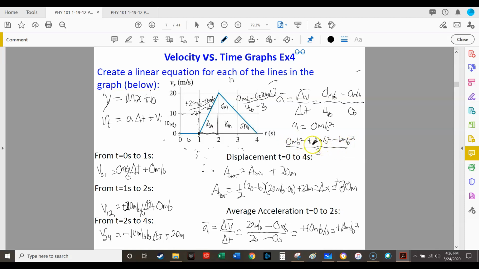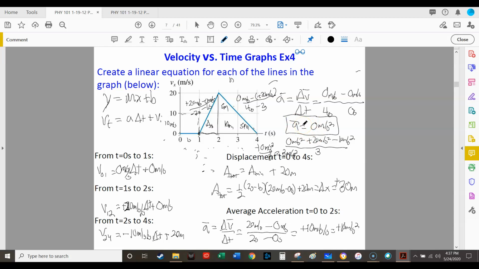Because you have 3 of those. That's 20 minus 10, so that's 10 meters per second squared divided by 3, so about 3. Well, that 3 meters per second squared is the statistical average. It's actually 3.33 meters per second squared. But that is not what the physics average acceleration would be.